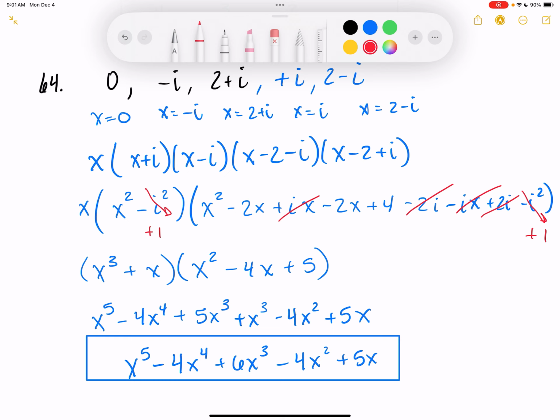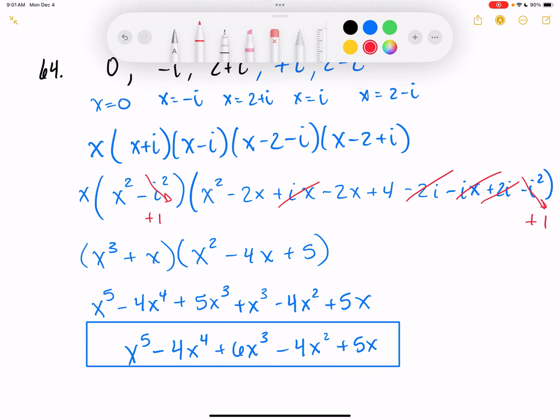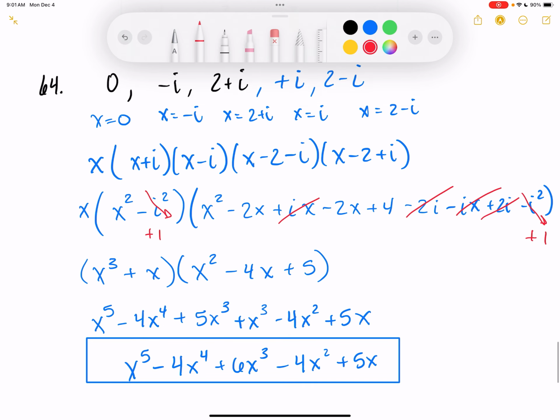Or y'all just gonna wait for me to share mine? I got x to the fifth minus 4x to the fourth plus 6x to the third minus 4x squared plus 5x. Okay, does anybody agree with her? I got that minus 1 exponent. So instead of x to the fifth, I got x to the fourth.